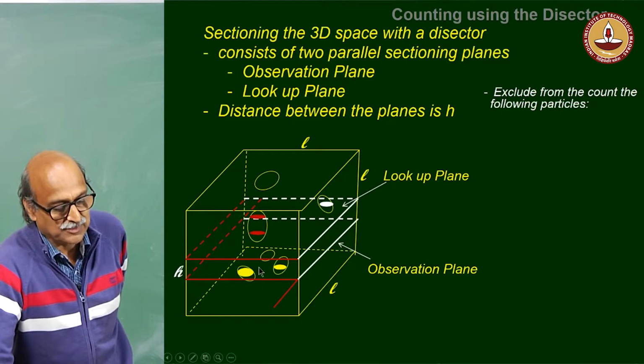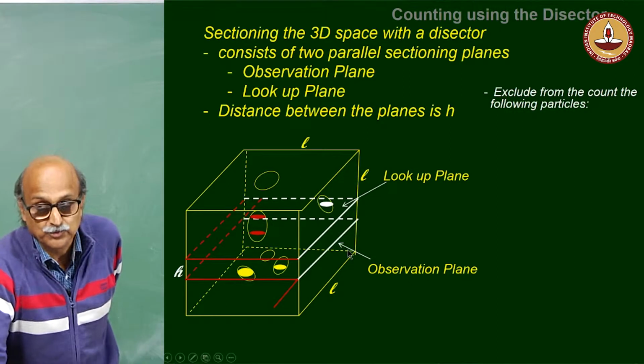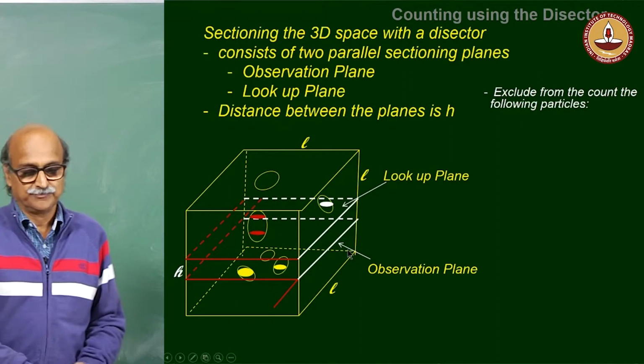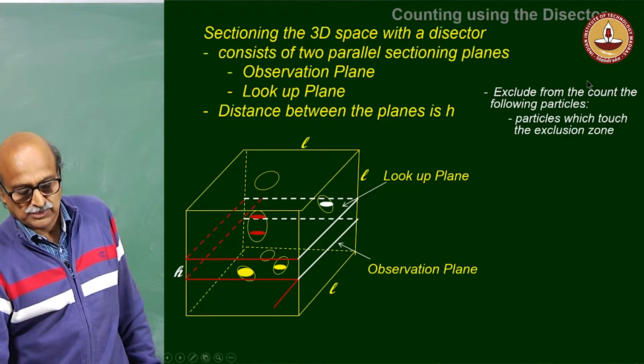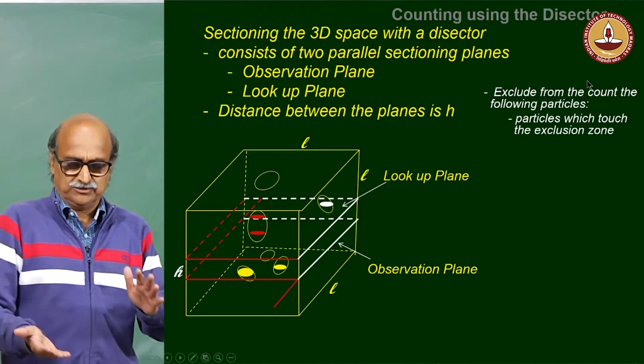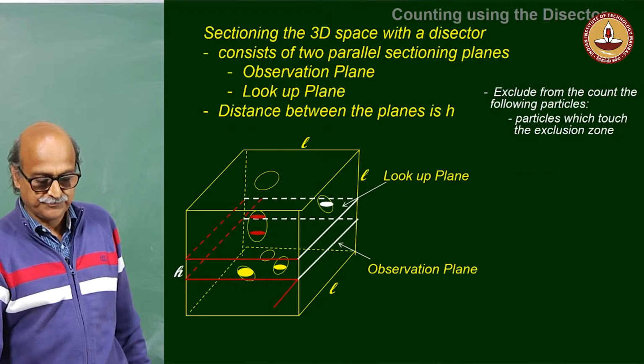Both the planes have this counting frame that we have already looked at in the 2-dimensional count. So, exclude from the count the following particles in each of the planes. Particles which touch the exclusion zone, exclude them.